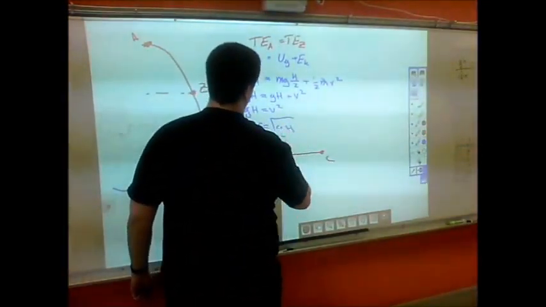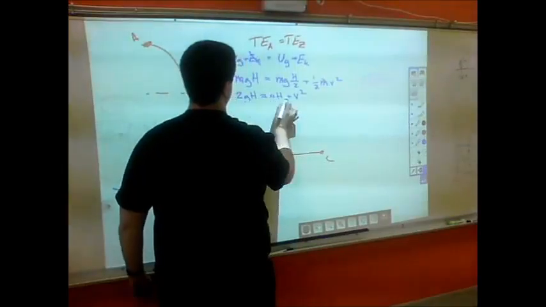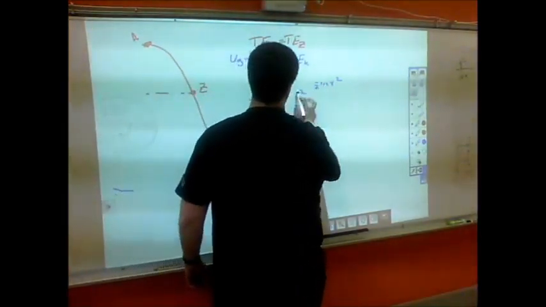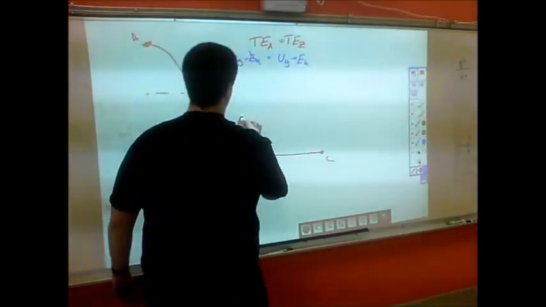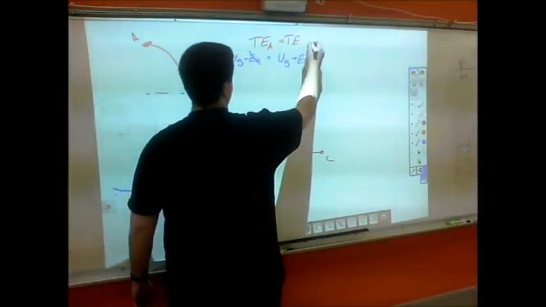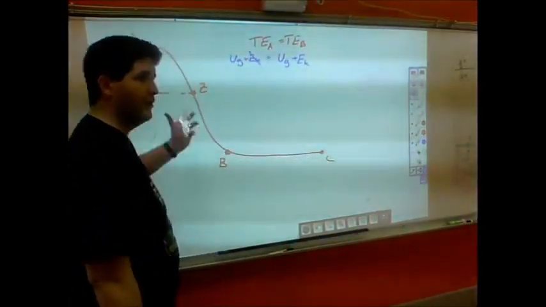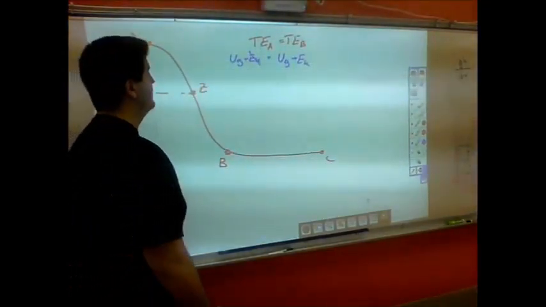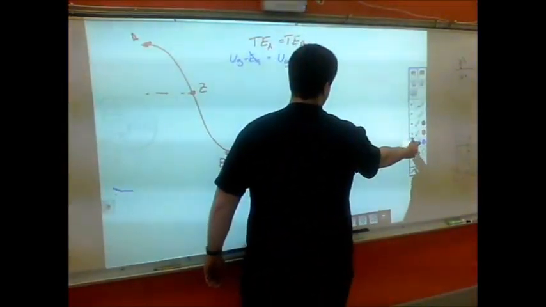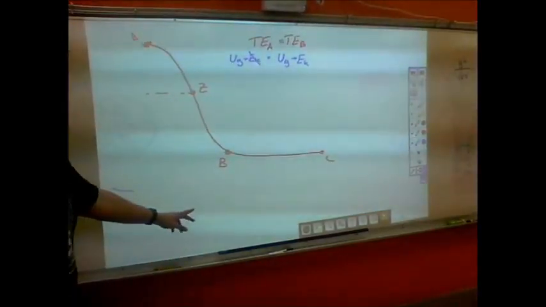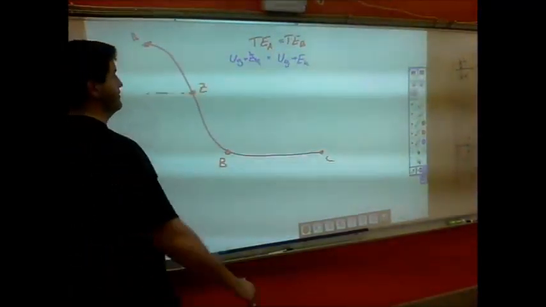So now what about the velocity at B? Well, total energy of A equals total energy of B, right? Total energy of the whole system is conserved. And at point B, what do we know about the potential energy? That's also 0, so that goes away.